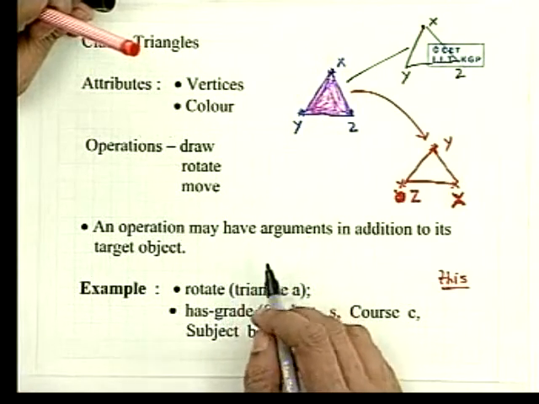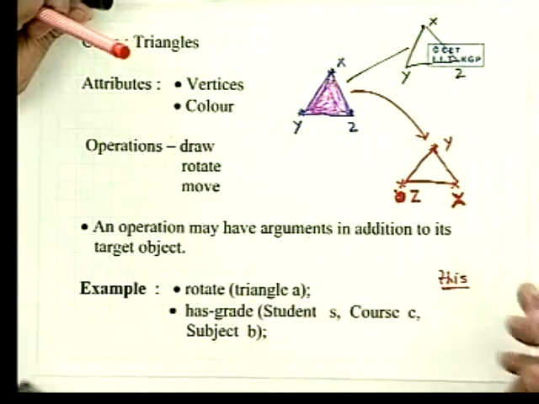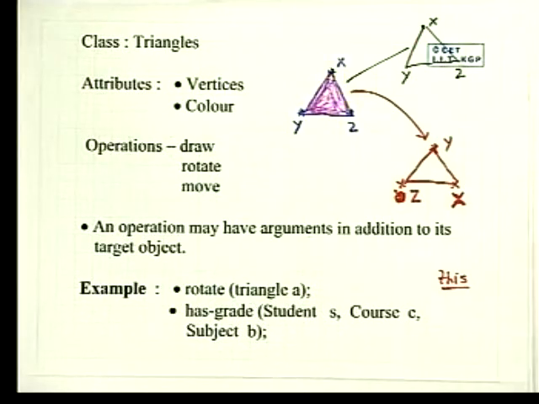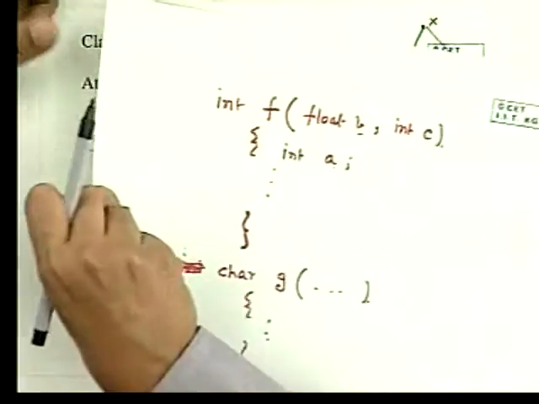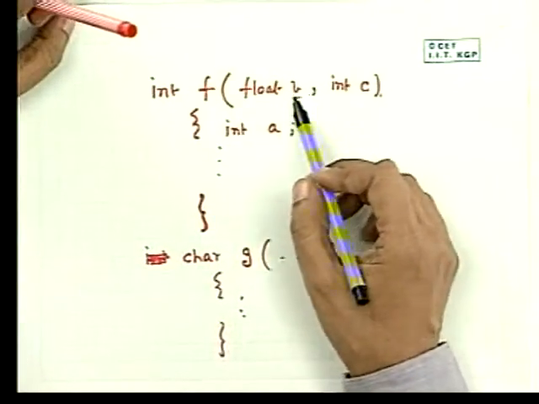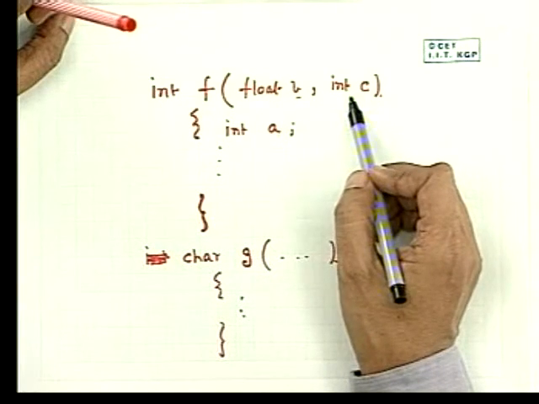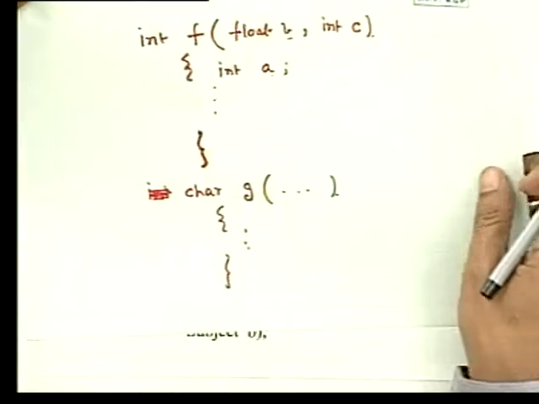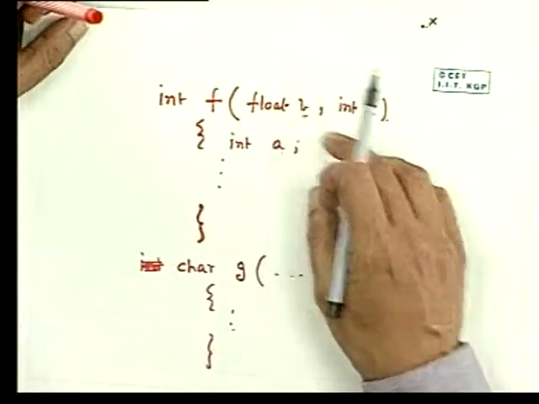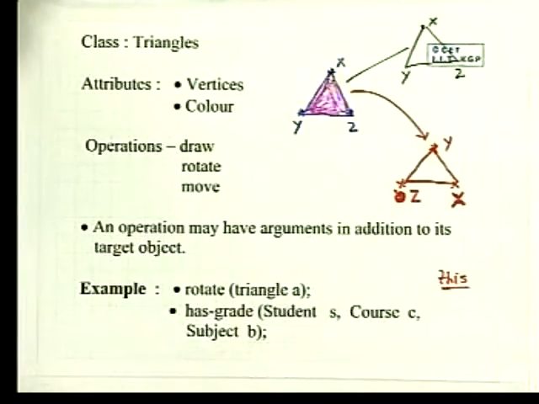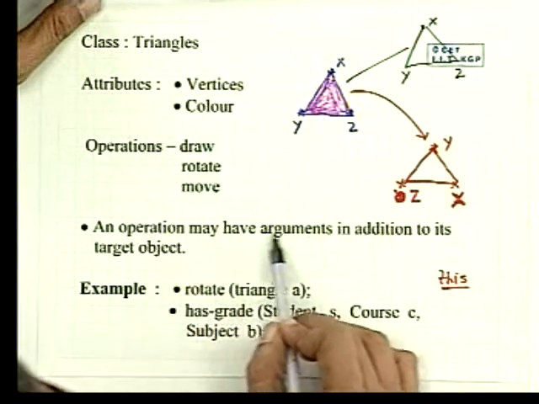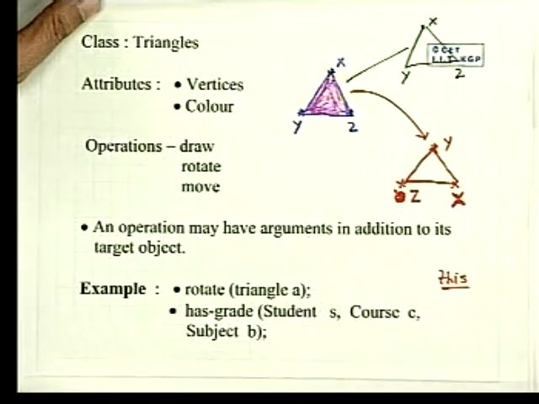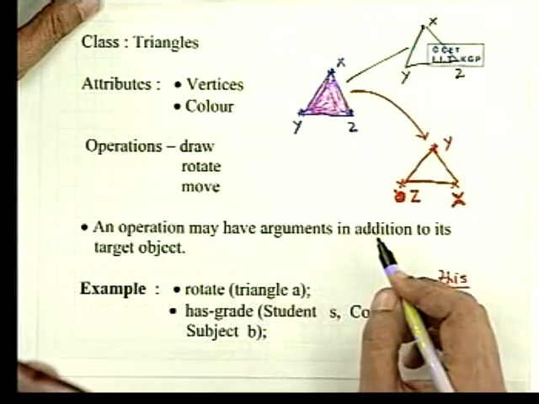Now when we talk about operations, like in the case of a function, as we have seen in earlier function-oriented languages, like function f with parameters float p and int c, these are called the formal parameters of the function, and when we call them we substitute the actual parameters. Here also an operation may have arguments in addition to its target object. The target object means which triangle you are referring to.